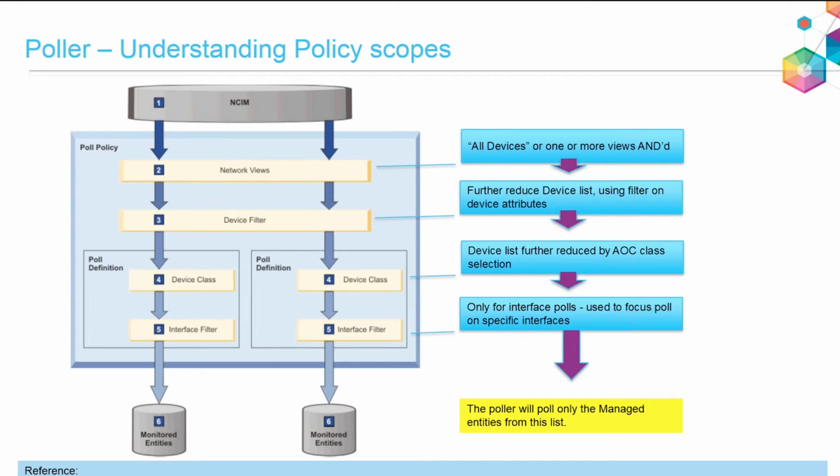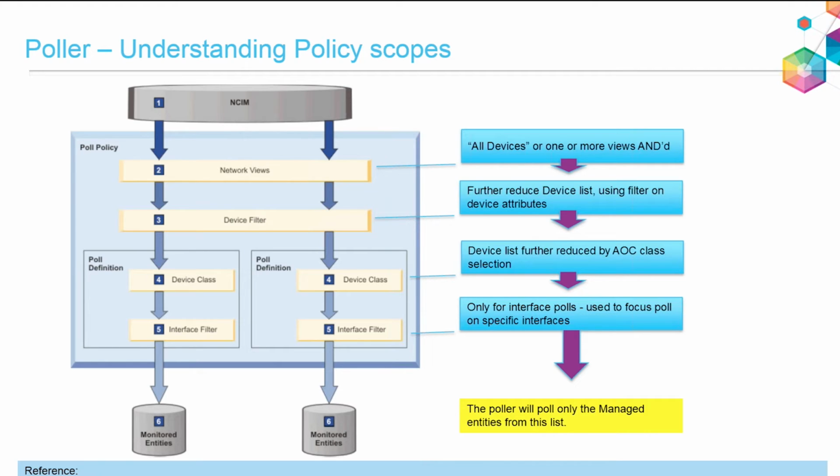Those devices have now fallen through the device filter, and for each poll definition that it's going to poll, there are two more filters. The device class is basically looking at the AOC class. This is handy if you've got an SNMP query to a proprietary event, a specific MIB, for instance, a memory utilization, where the MIB object ID is different for Cisco than it is for another vendor.